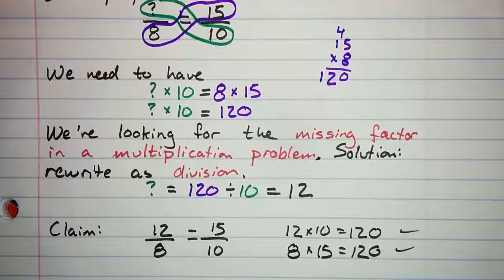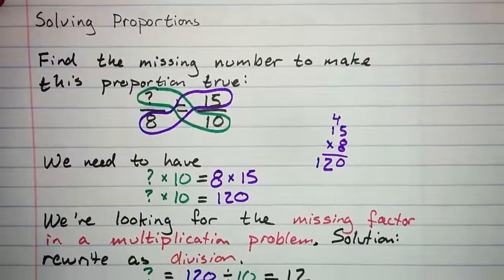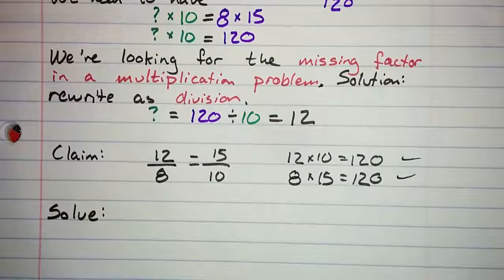All right. That isn't quite the way we typically look at a problem like this, though. Instead of "find the missing number to make this proportion true," we use the word solve. And instead of a question mark, we write a letter of the alphabet, very often x.